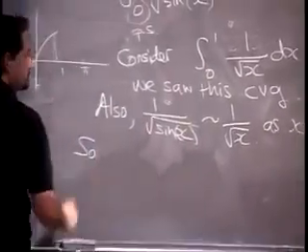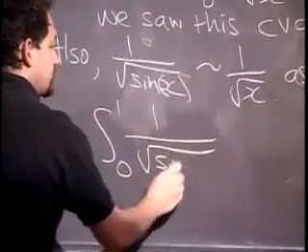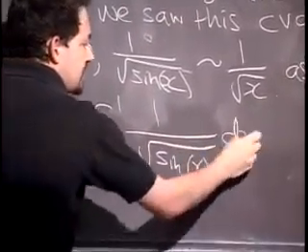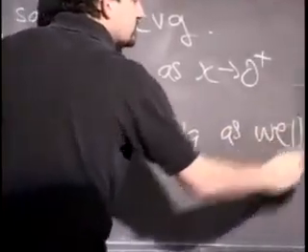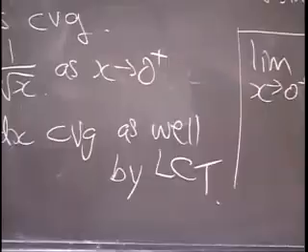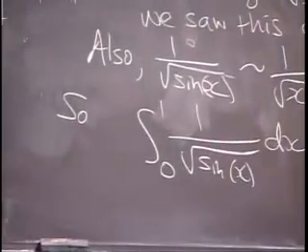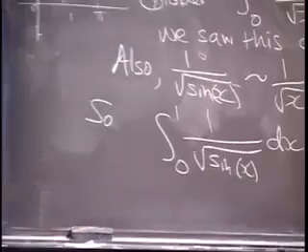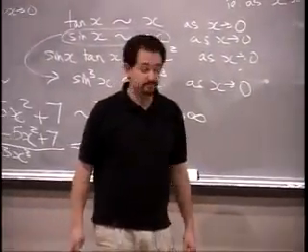So we get for free, as it were, that that converges as well by the limit comparison test. It is important that you write limit comparison test, or LCT, to indicate what test you're using. Just as if you use the comparison test, you need to say that as well.